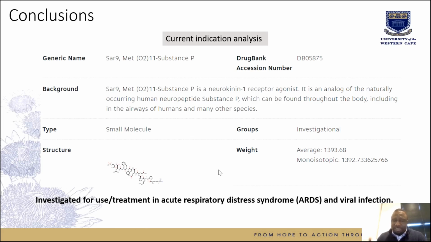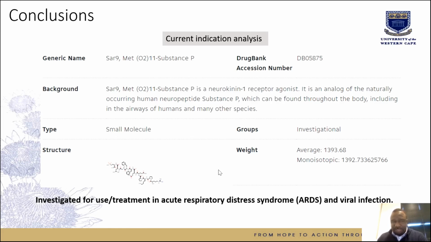It's an analog of the naturally occurring neuropeptide called substance P. Substance P is a neurotransmitter for pain, and it's an investigational drug. And a further search revealed that this particular drug has been investigated for respiratory distress syndrome and also for viral infection.